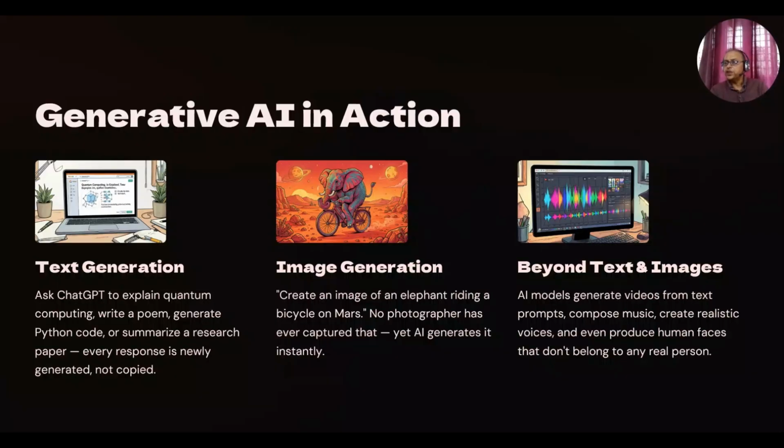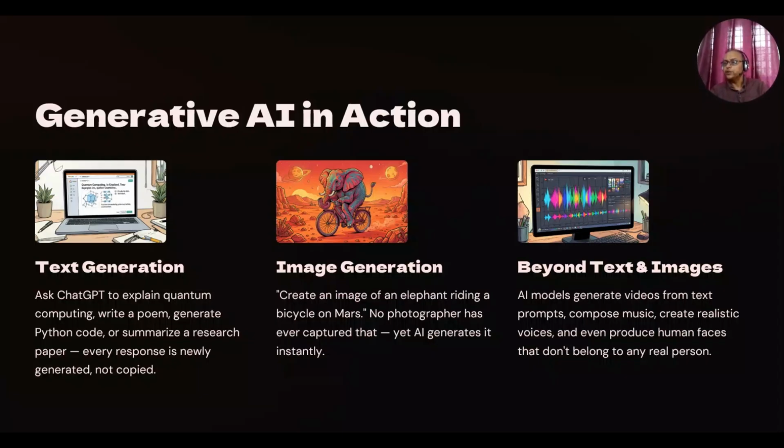Now consider image generation. Suppose you ask, create an image of an elephant riding a bicycle on Mars. No photographer has ever captured that. Yet AI generates it. Similarly, AI models can generate videos from text prompts as well.